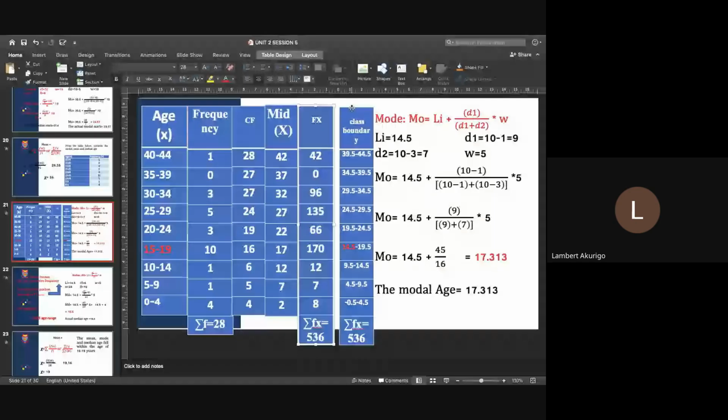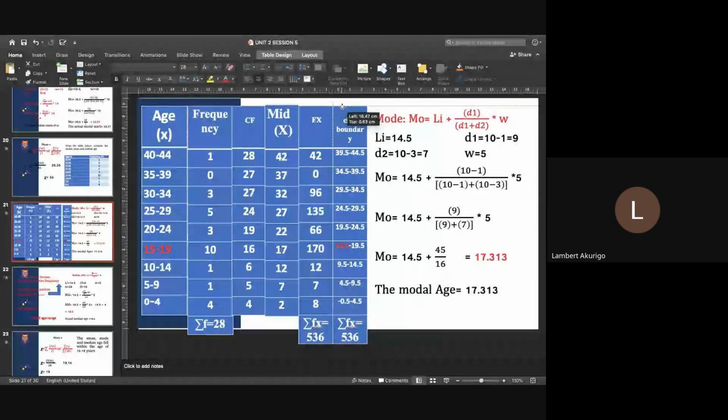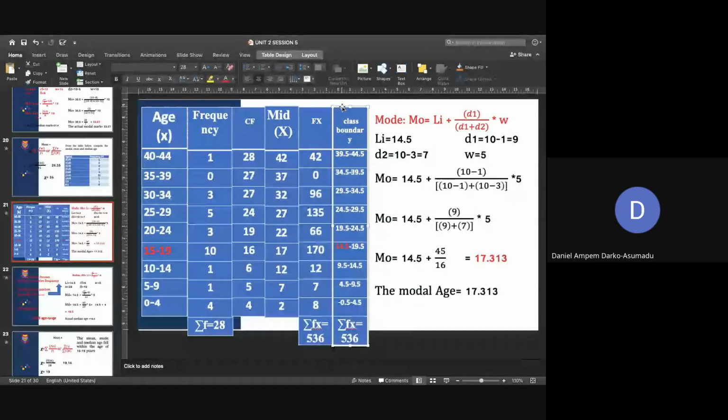I believe we are in unit 2, but the session I want to know. Session 5. Okay, sir. Thank you. It's there. Can't you see at the top? Unit 2 session 5.